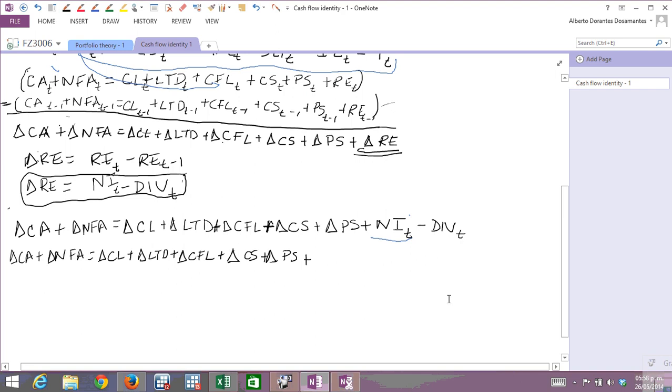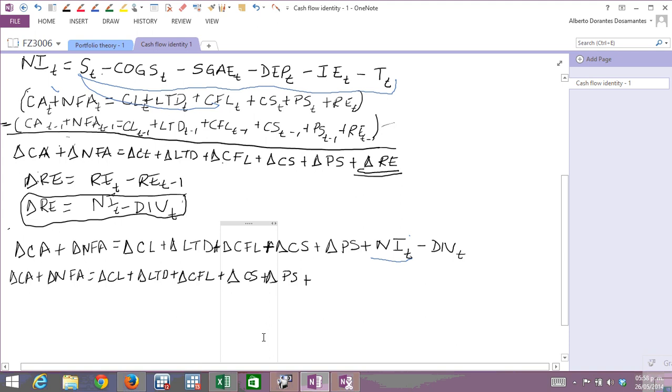Net income is going to be equal to sales minus cost of goods sold of time t minus sales and general administrative expenses of time t minus depreciation of time t minus interest expenses of time t minus taxes of time t.